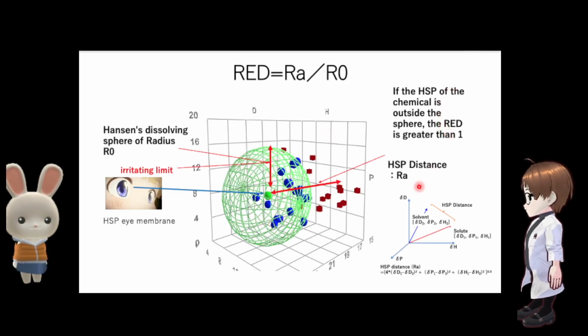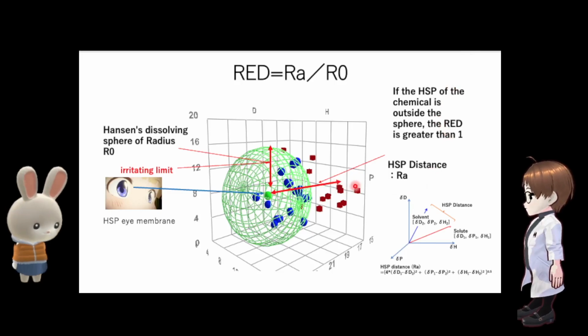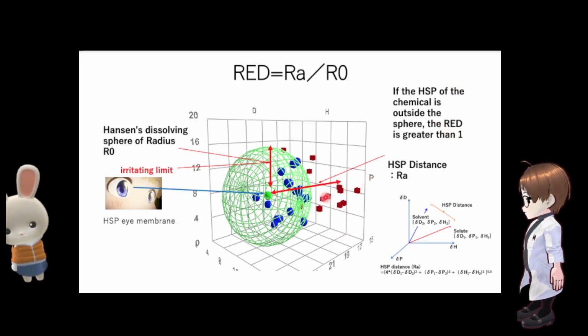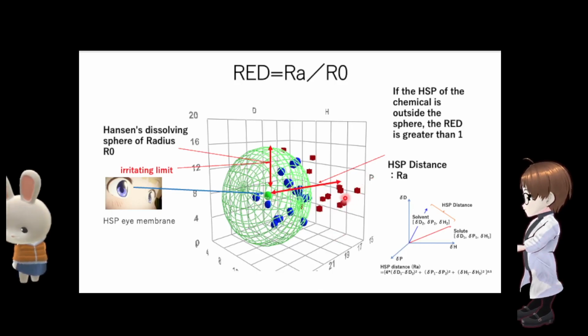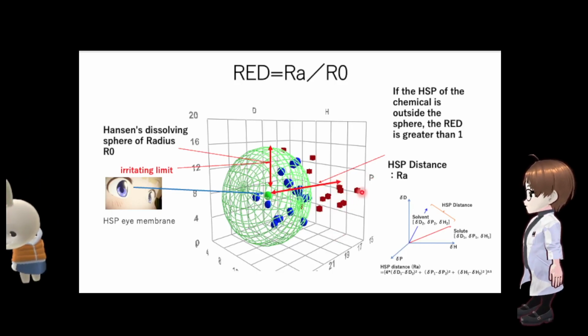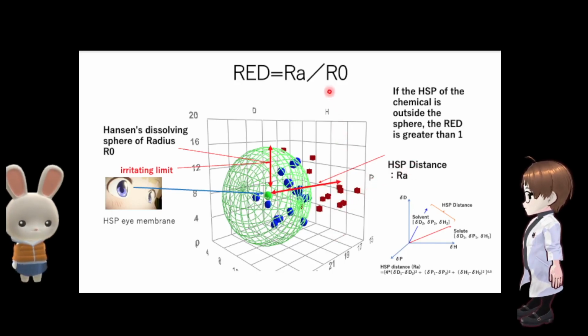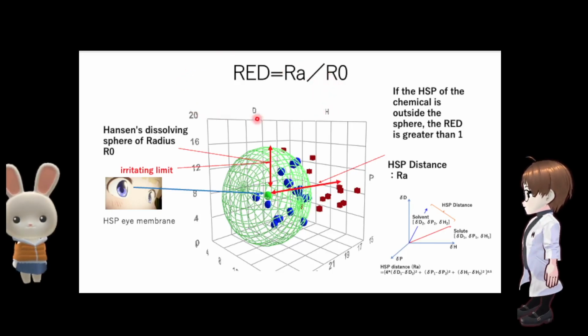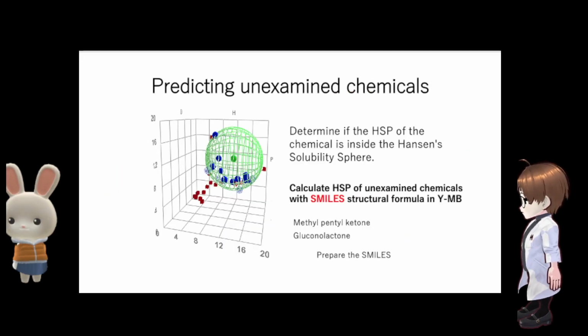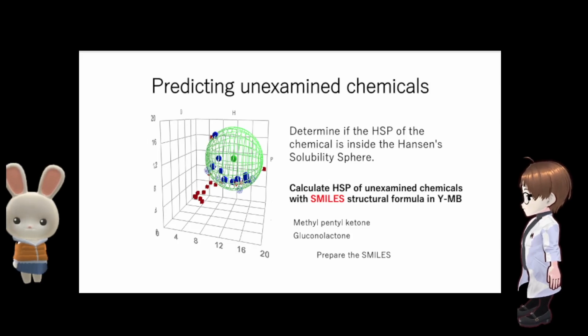We can calculate the HSP distance from center to chemicals, and the HSP distance divided by sphere radius, we can get the RED number. Then you check to see if the HSP vector of that compound falls inside the Hansen solubility sphere.